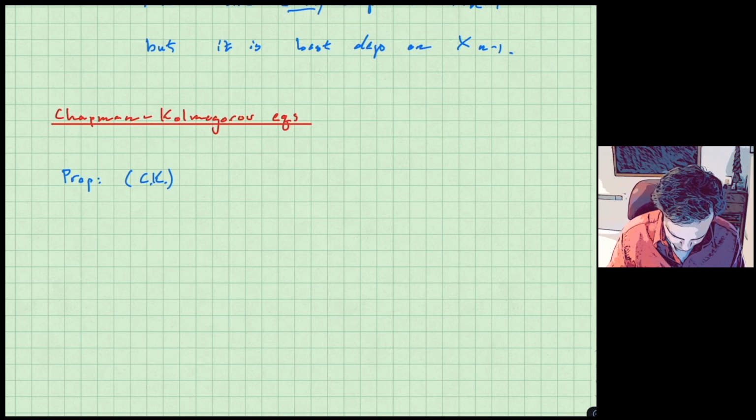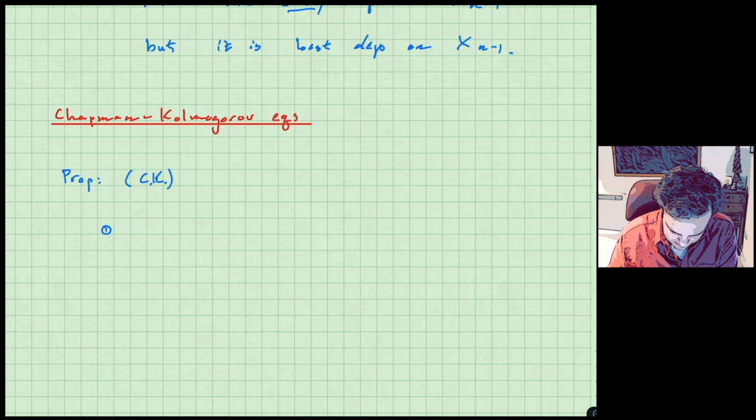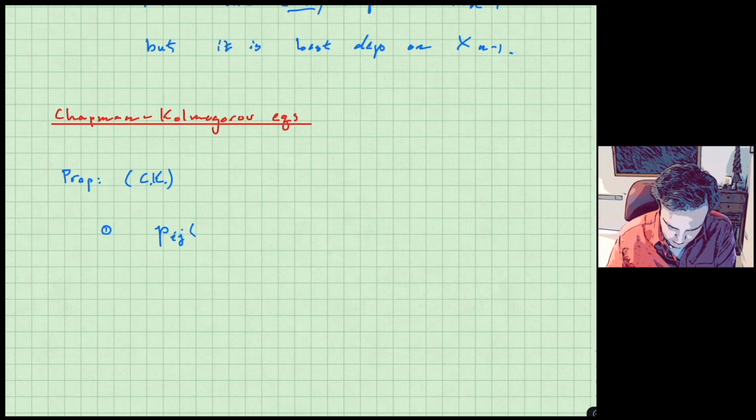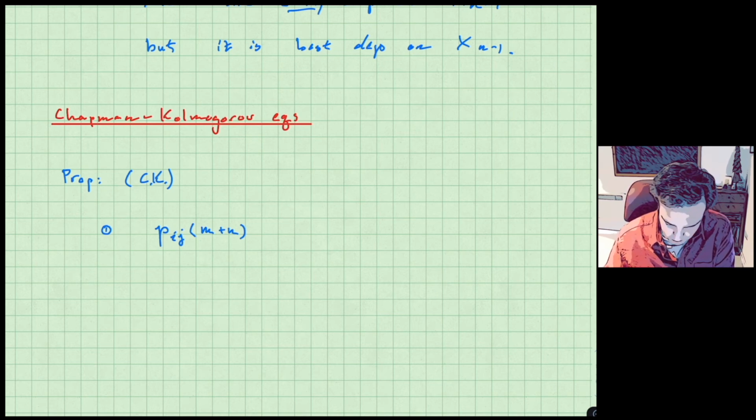So the first one is to write the following thing. We say that the transition probability matrix in m plus n steps, that's what we want to look at. So it's a multi-step transition probability matrix. We want to look at the elements of this matrix, making m plus n steps. And the claim is that these are written in the following way.